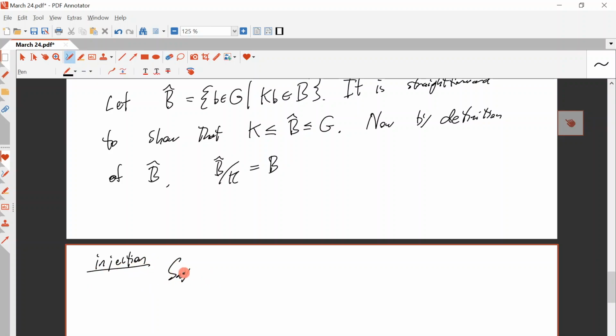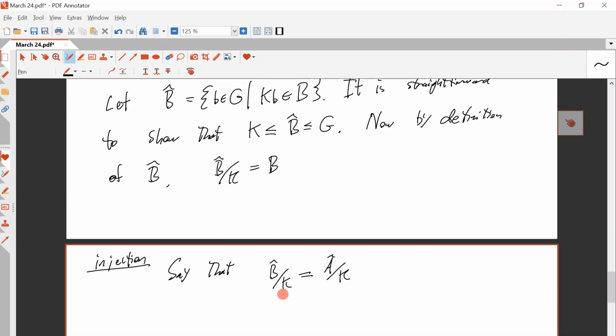So say that B hat mod K is equal to A hat mod K. Okay, so right, to show a function is injective, you have to show that if their images are the same, then their pre-images are the same.